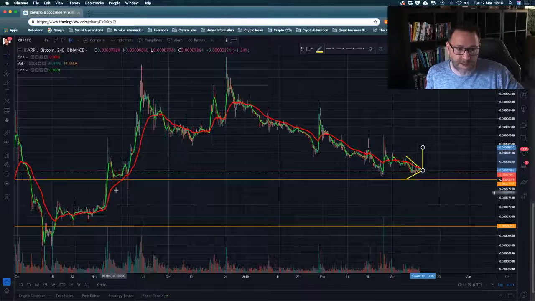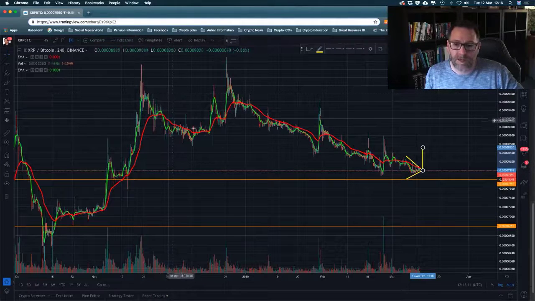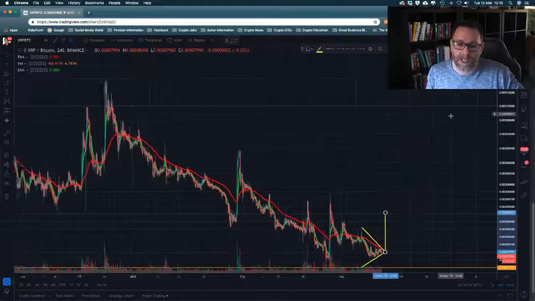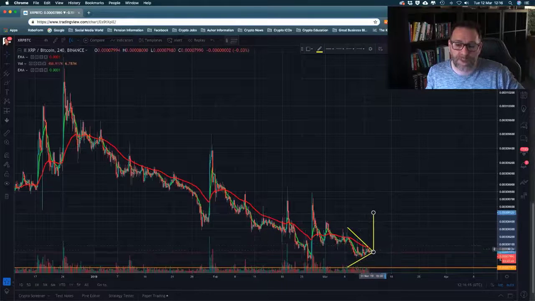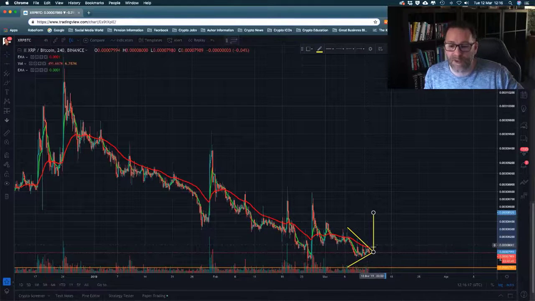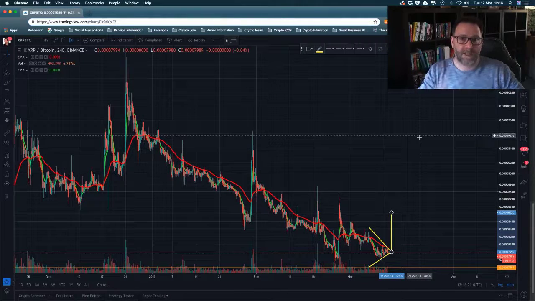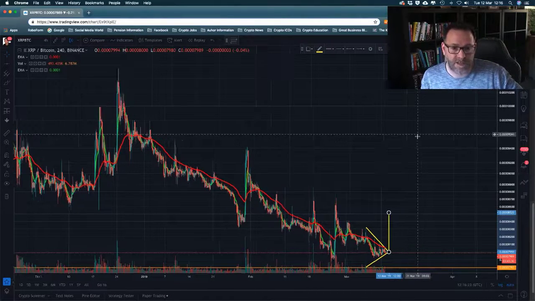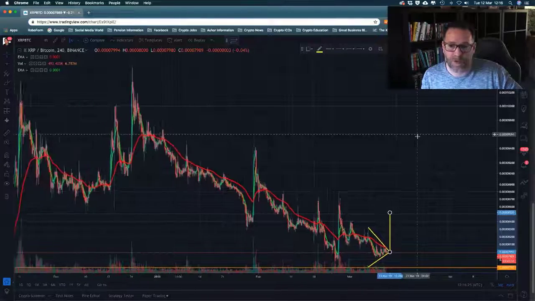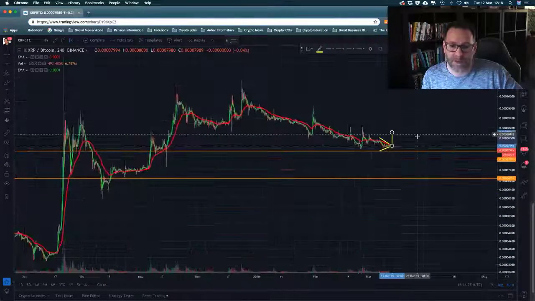We want to see that line going back up. So this is why a lot of people are expecting this to break out, because it's going to be the reversal of a trend, and hopefully it starts going up from here and we see a breakout.